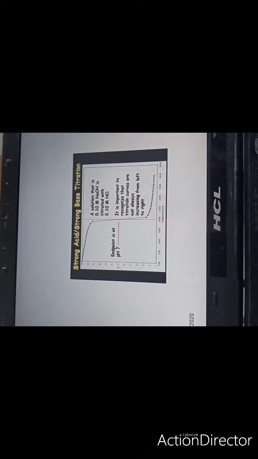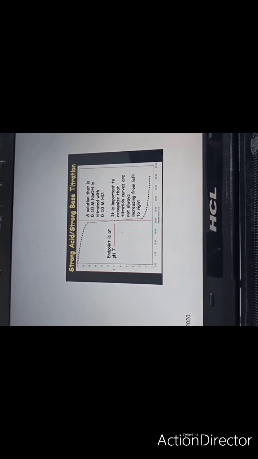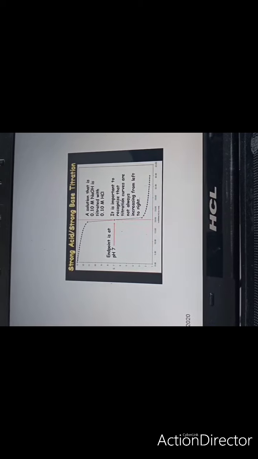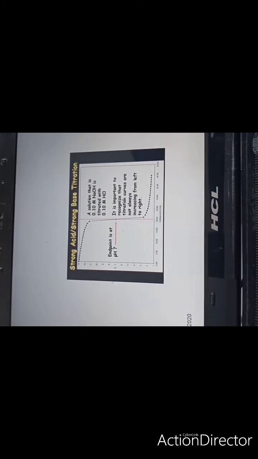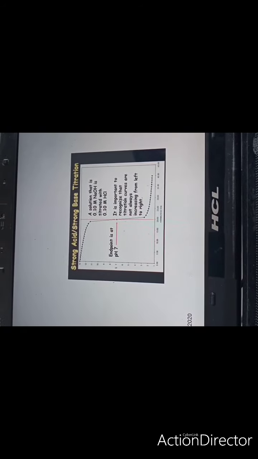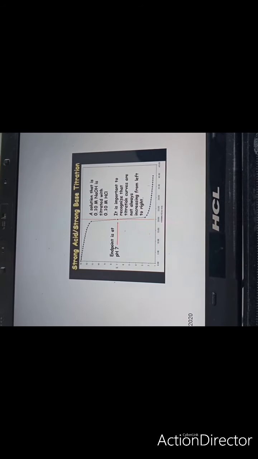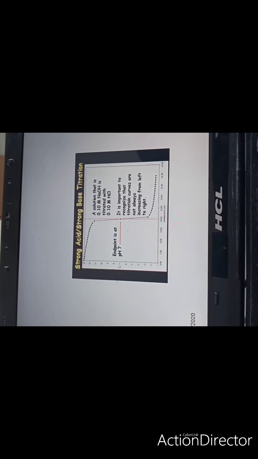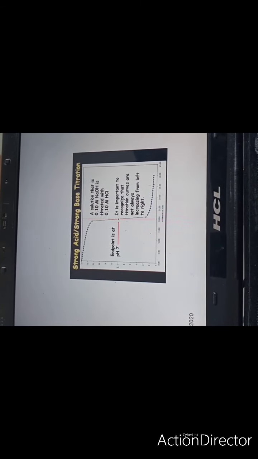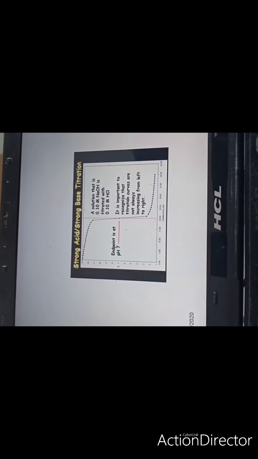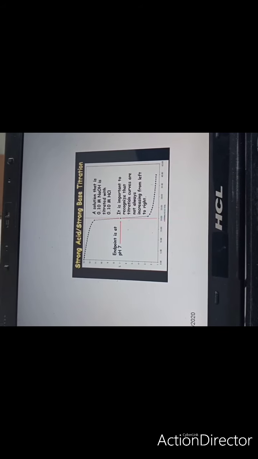Now if we see this case, in this we are taking HCl in the burette and NaOH in the conical flask. At this time, if we put 1 or 2 drops of phenolphthalein indicator, it will become pink in color, since in the conical flask there is NaOH, which is alkaline, having a pH more than 7.